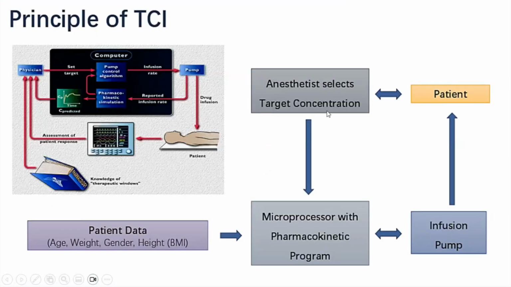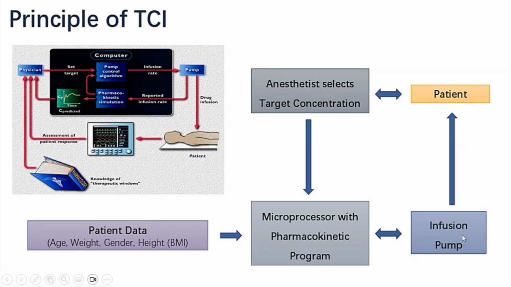So what happens is, this is the machine that incorporates algorithms and TCI modeling based on the drug's pharmacology, which is already inside the tube. The anesthetist selects a target concentration, which goes to the microprocessor with the pharmacokinetic program that has been selected with the patient data.